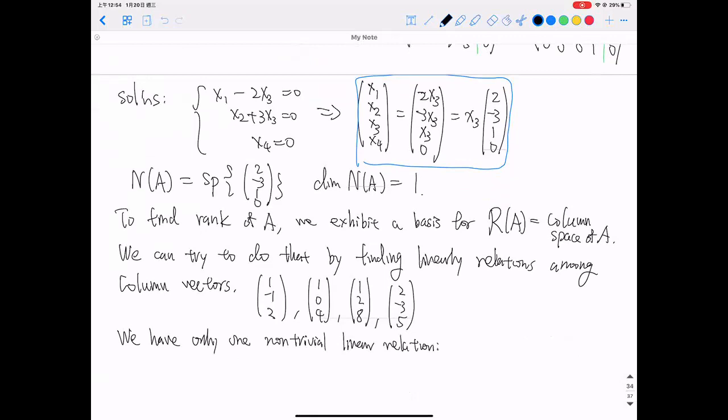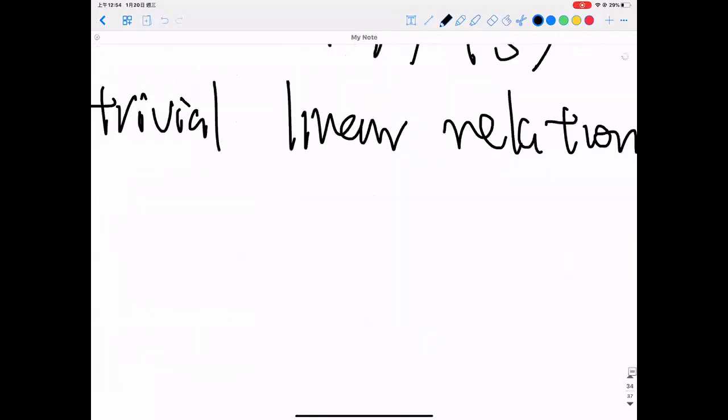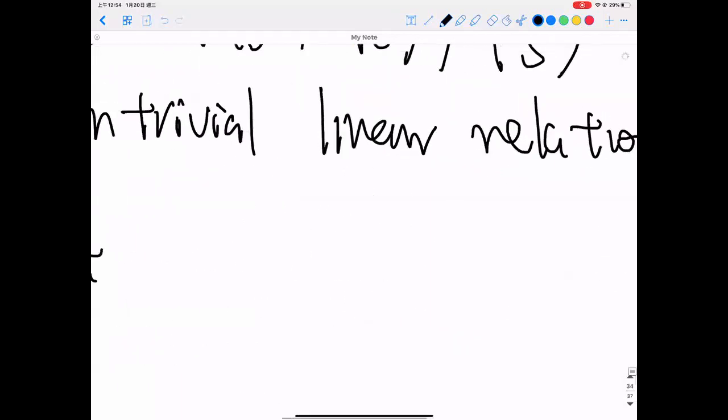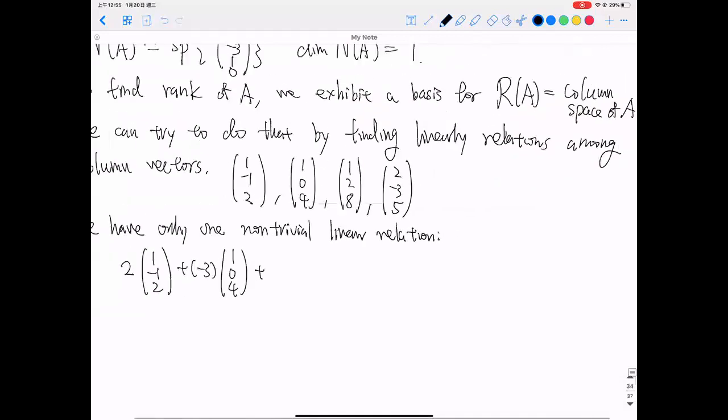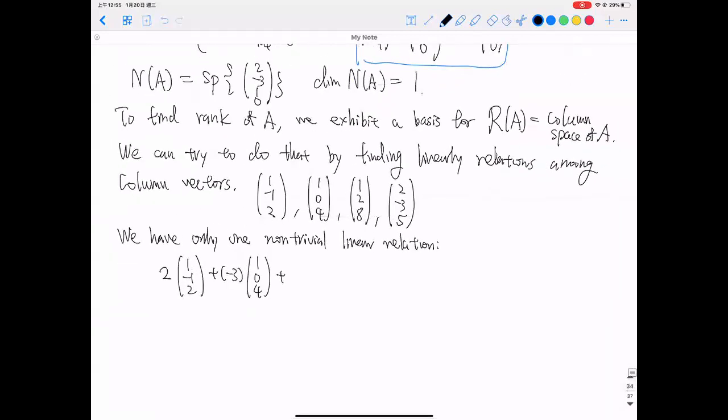That is this one: 2 times 1, minus 1, 2, plus negative 3 times 1, 0, 4, plus 1 times 1, 2, 8 equal to 0.